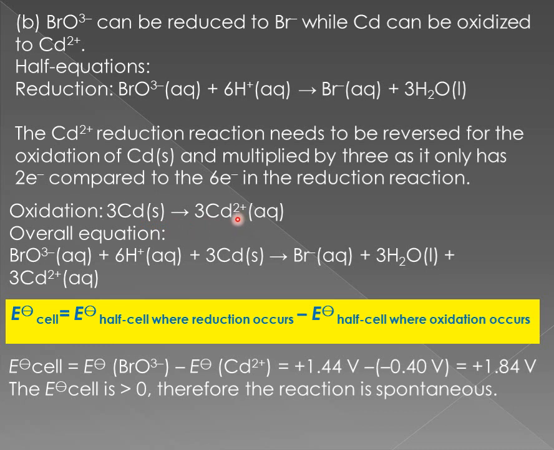So this is oxidation, and we have to add electrons here. Electrons are missing here: 3 times 2 is 6, so it should be plus 6 electrons.